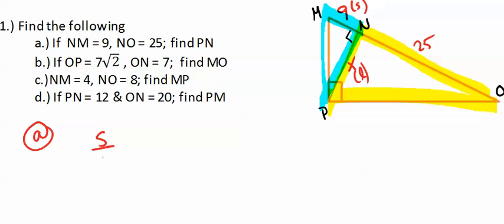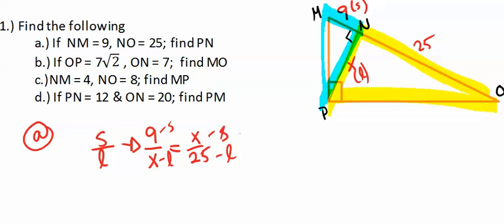So there's a relationship between the short and the long, and I'll use that setting up the proportion. 9 over X equals X over 25. Again, in the blue triangle, the 9 is the short, the X is the long, but in the yellow triangle, the X is the short, and the 25 is the long.